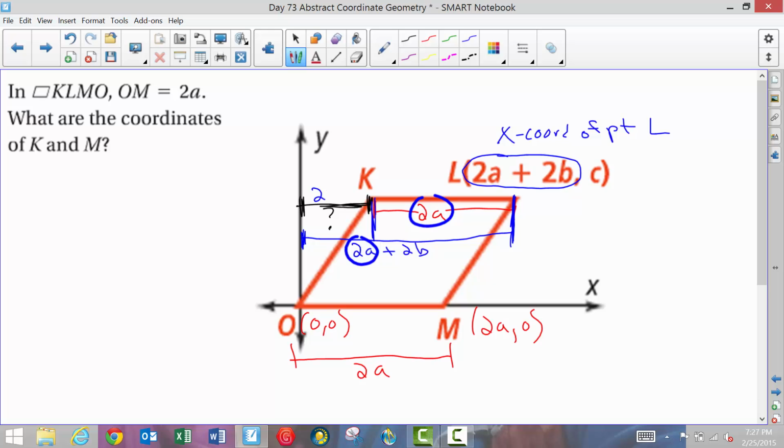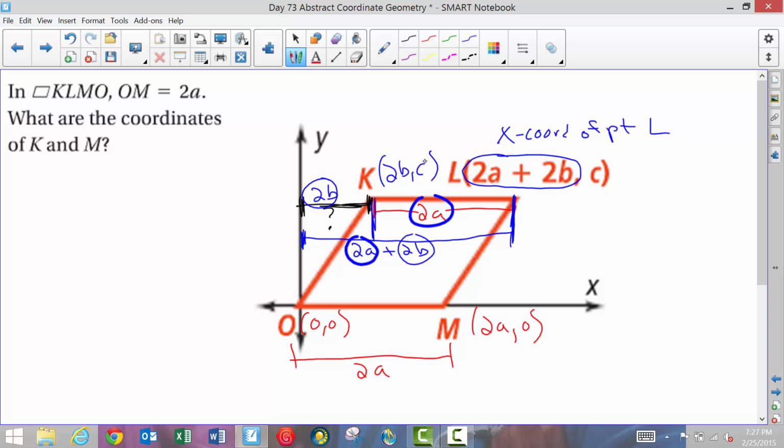So this is 2b, because that's what was missing. So that's segment addition. If I had 2a plus 2b, I know one part of the segment was 2a. What's missing to make it equal to 2a plus 2b? Well, 2b. Now I can find the K value, which is over 2b, comma, c.